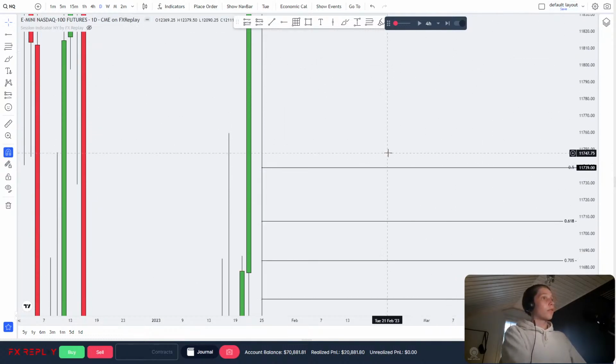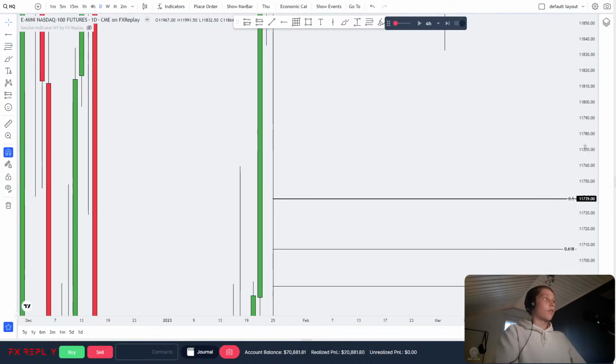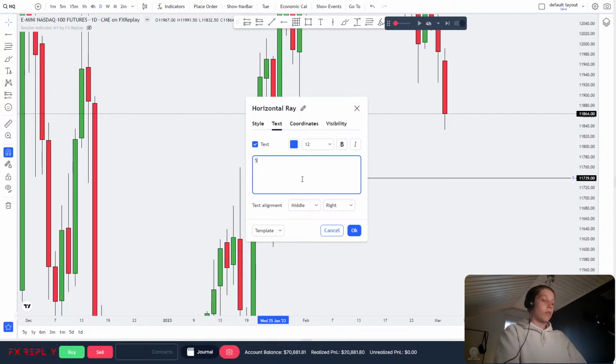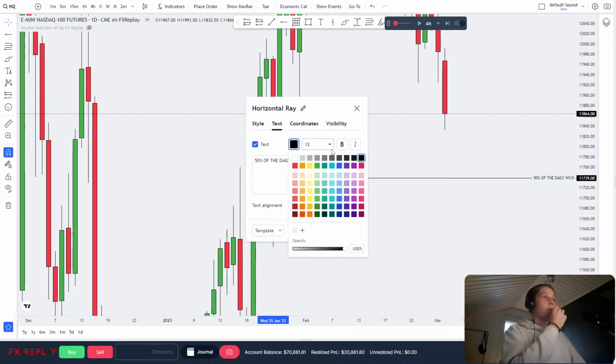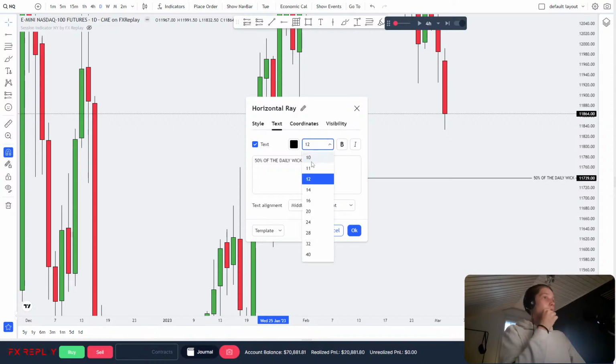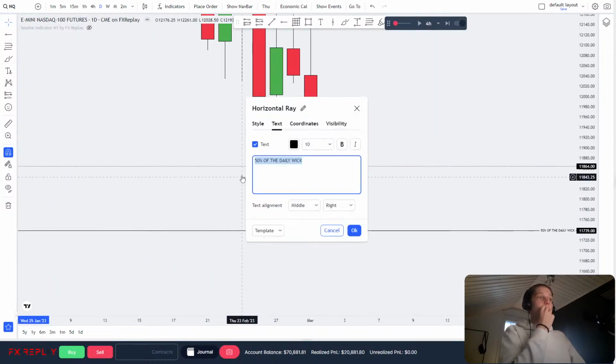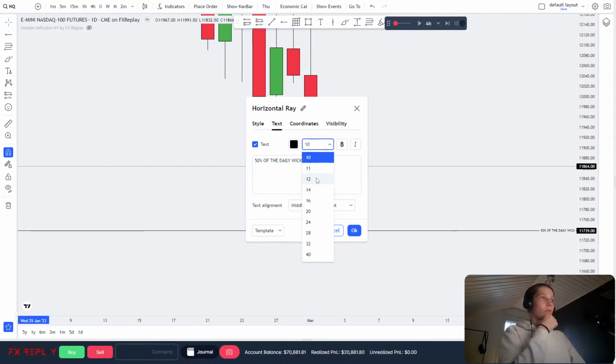I'm not 100% sure why, but it's an ICT concept and they do get respected, I've noticed. So let's put 50% of the daily wick. There you go. Let's just put it font 12.